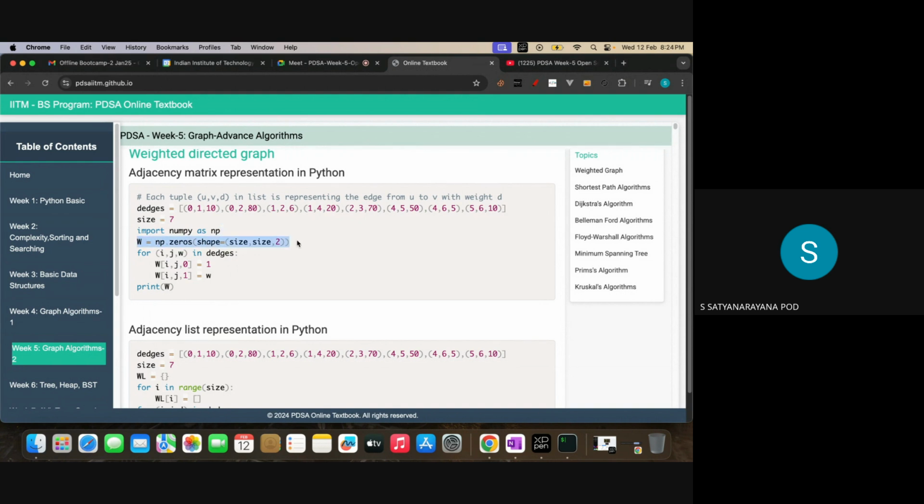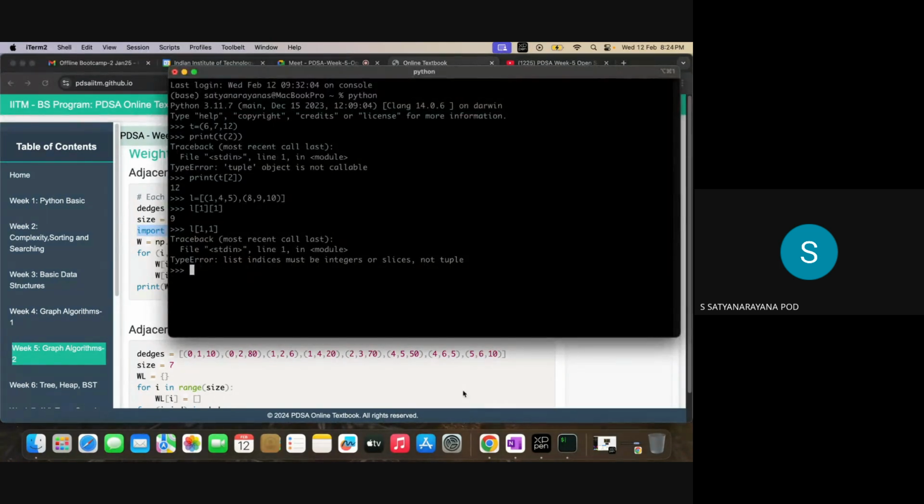It's a numpy array. Do you know how the numpy array is created? The numpy array is created in an interesting way, not like our conventional list. See, I'm importing numpy. Yes, it is imported.